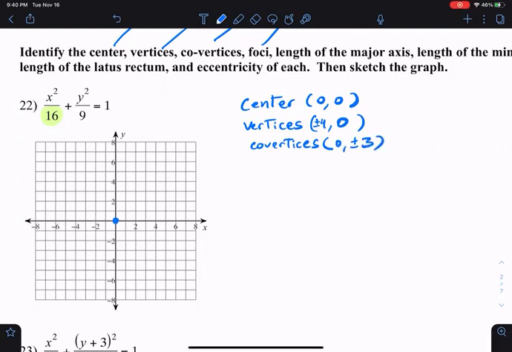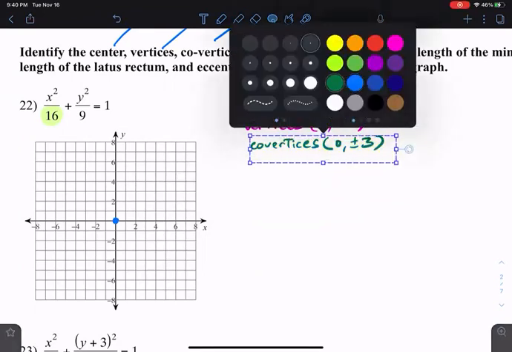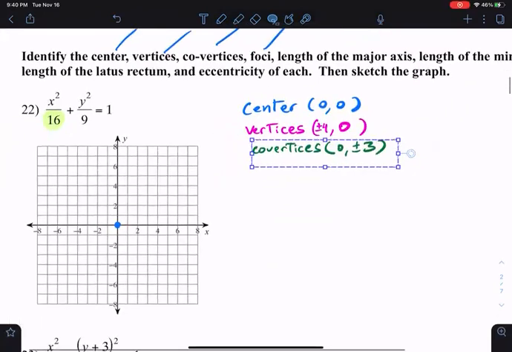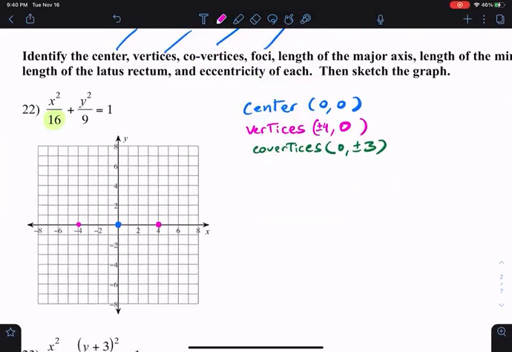If you want to find those, let me put that in different colors so we don't get confused. The vertices are, let me put that in pink, and this one, let's put that in green. Okay, so we know what we're doing. For the first one, the vertices are at 4 and negative 4, because remember, A is bigger than B, right?